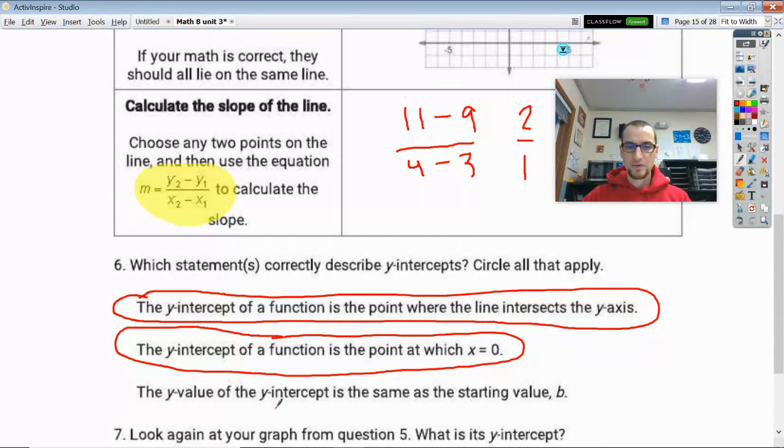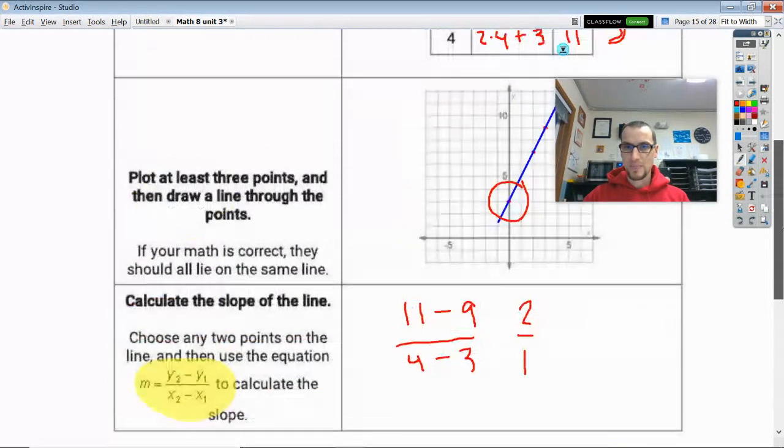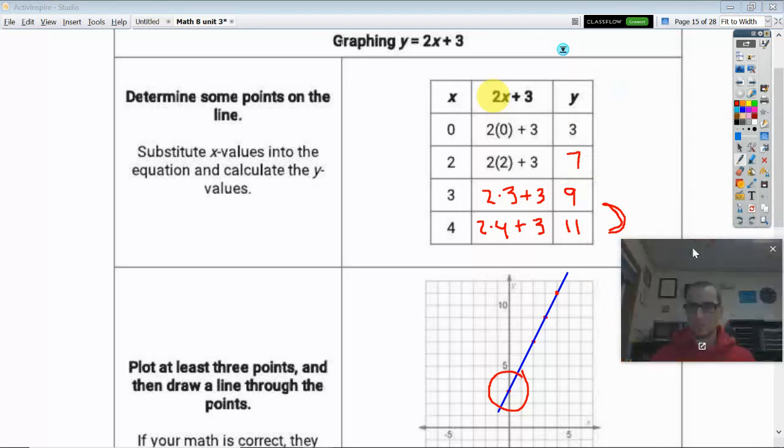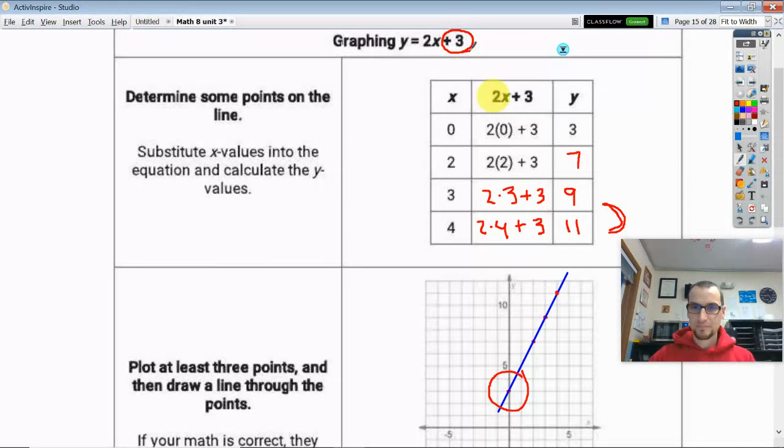The y value of the y-intercept is the same as the starting value b. Let's check. So in this equation, our starting value is 3. So when x equals 0, y equals 3. And is that the same thing as this point right here? It is. This is 0, 3.